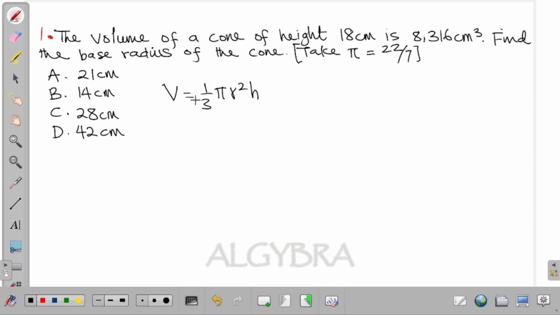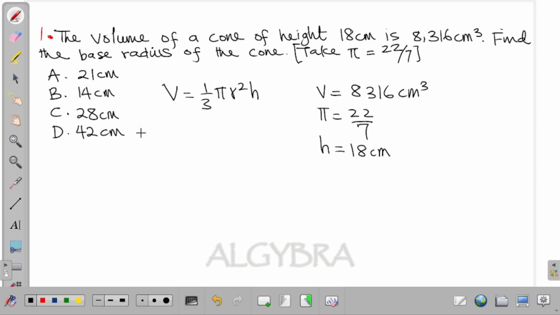In our question, we are given the volume, V is equal to 8,316 centimeters cubed. We're also given that pi is equal to 22 over 7, and the height of the cone is 18 centimeters. So we're going to plug these values into this equation to solve for the value of the radius.